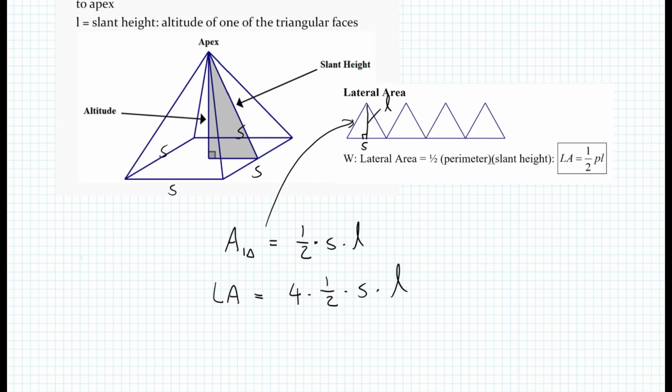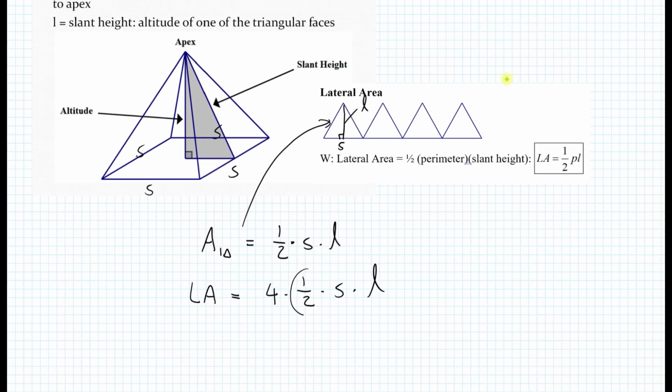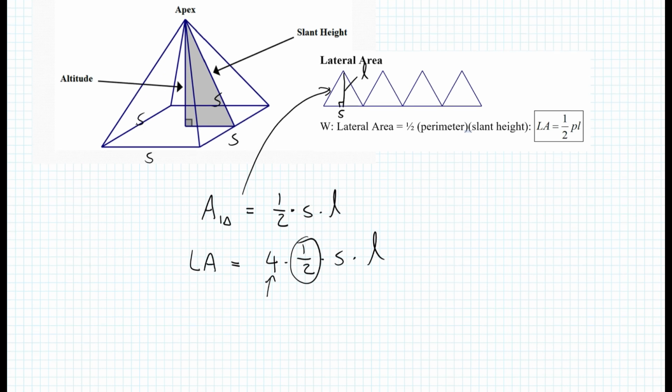So let's generalize this though. The 1/2 always stays the same. Where did this 4 come from? Well, 4 is actually N, where N represents the number of sides of the polygonal base.